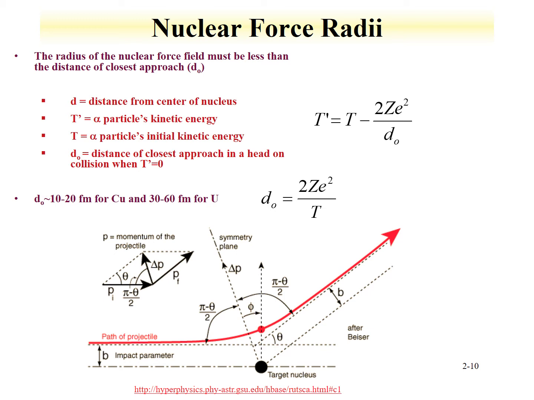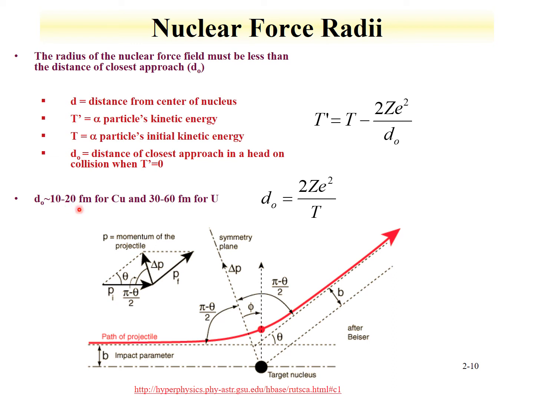With these experiments, one can get the distance of closest approach. With an alpha particle, it's 2z, the charge, electron charge, divided by the kinetic energy. So you get distances of 10 to 20 femtometers for copper and 30 to 60 femtometers for uranium.